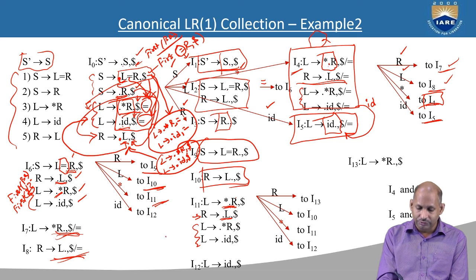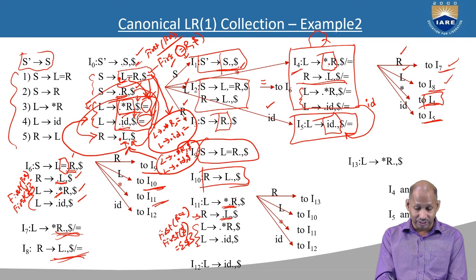Whenever you are doing this, what is first of beta a? For this one, simply dollar. First of dollar, so simply dollar. For the dot L also, the same. First of dollar, simply dollar.